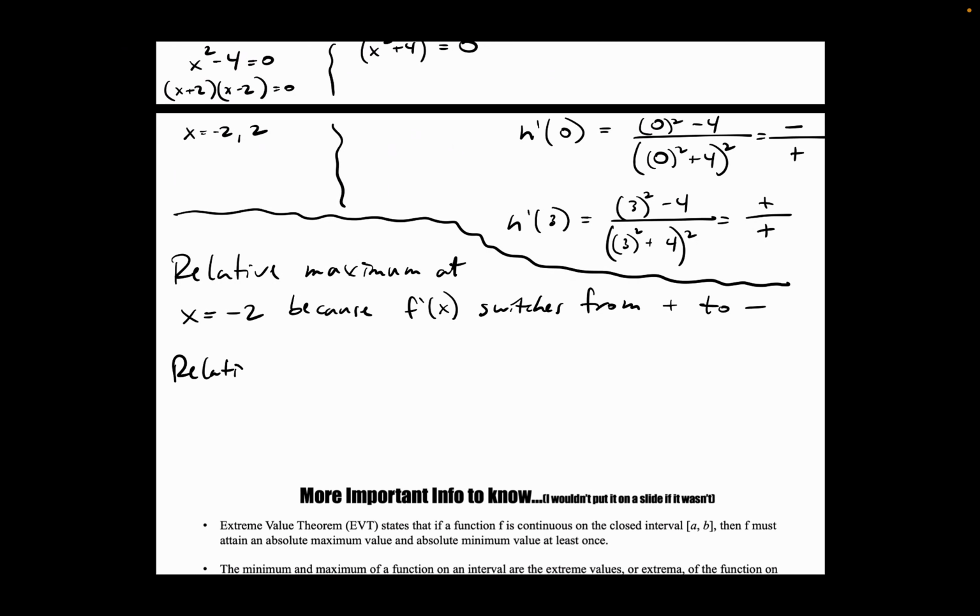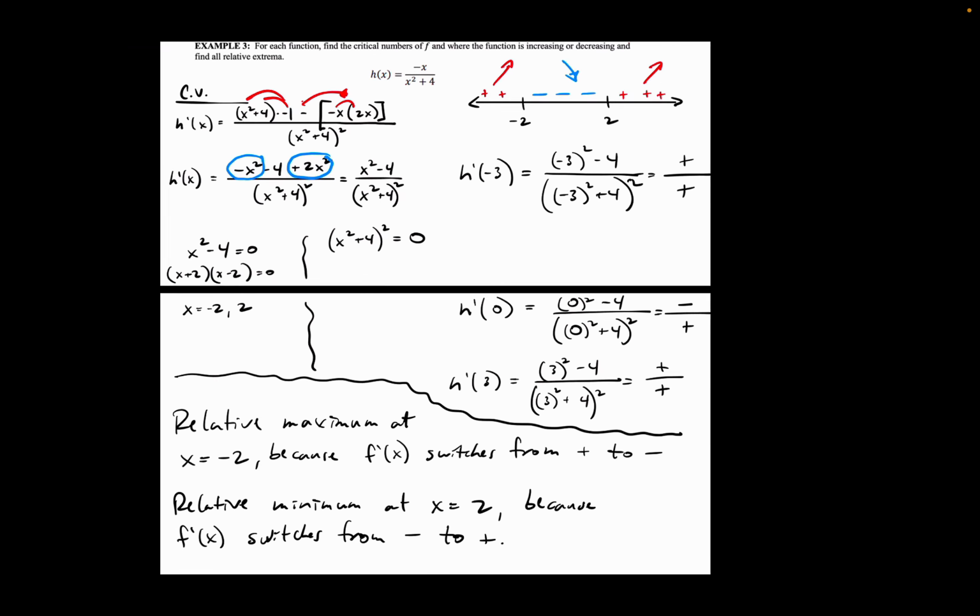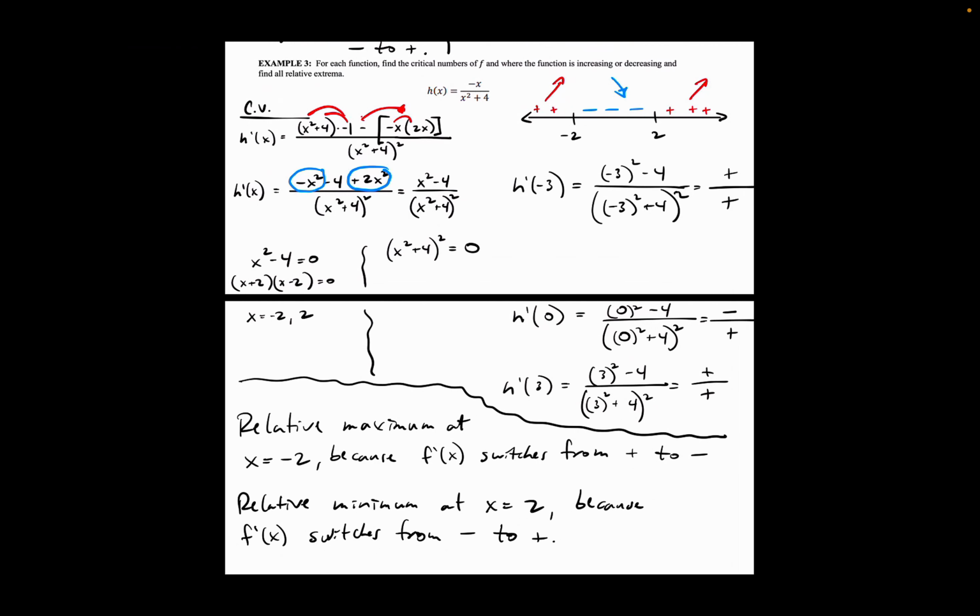And then I'm going to say relative minimum at x equals positive 2 because f prime switches from negative to positive. At positive 2, it goes from blue to red. At negative 2, it goes from red to blue. Done.